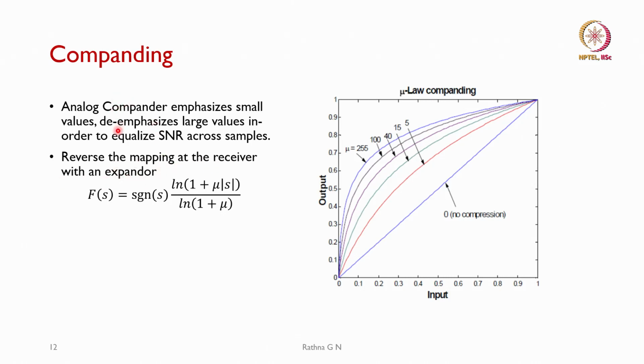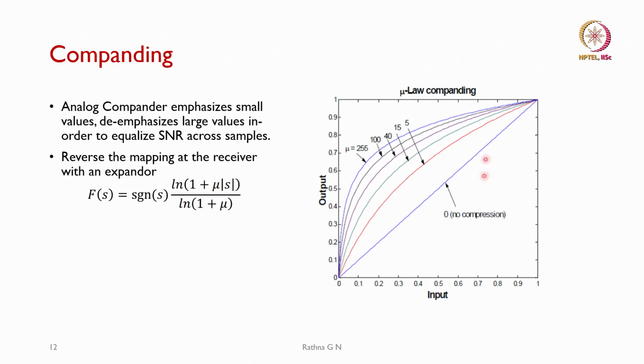So, one is the compander, the other one is the expander at the receiving end. The function is given as f of s, that is sign of s, times the natural logarithm of 1 plus mu times s, because the mu log compander is being used, divided by ln of 1 plus mu.